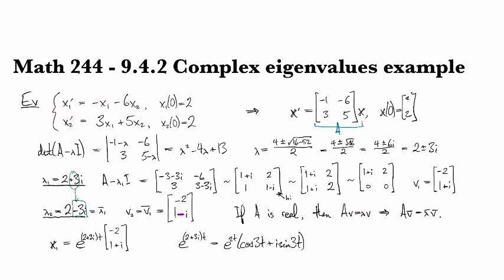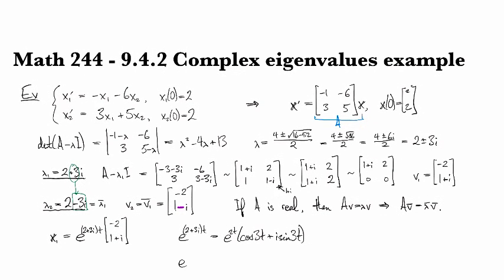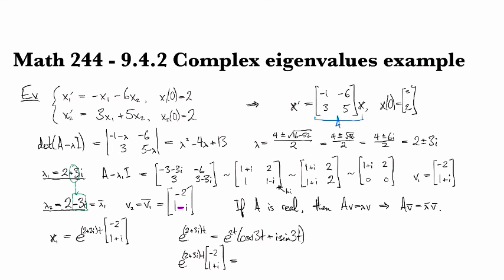And so now if I have e to the 2 plus 3i t times negative 2, 1 plus i, this is going to be e to the 2t, and then I'm going to have the cosine and the sine multiplied in here.